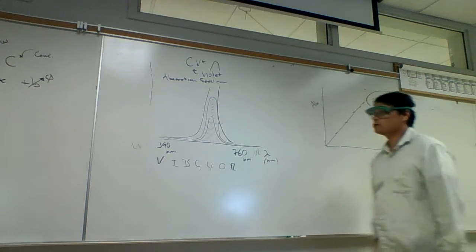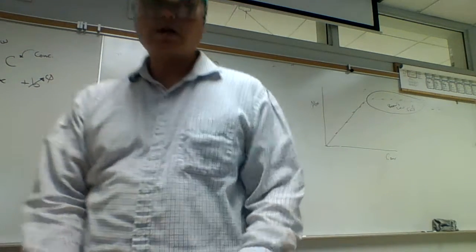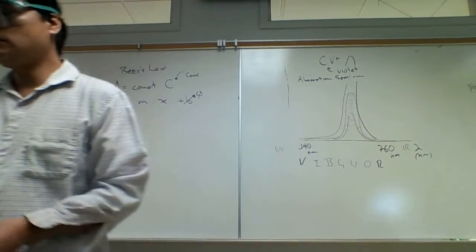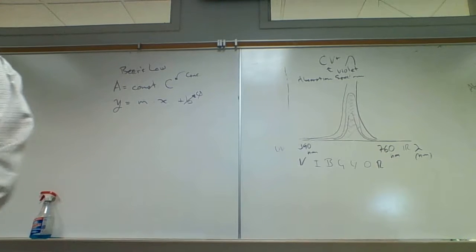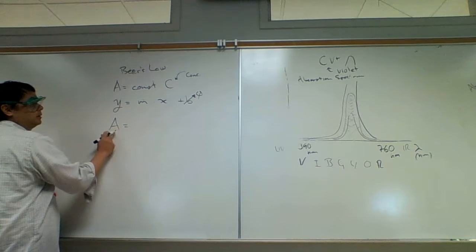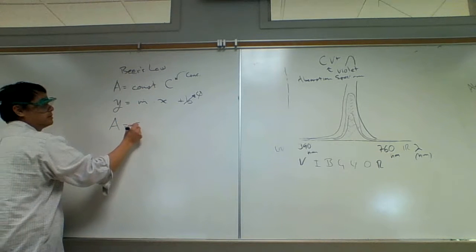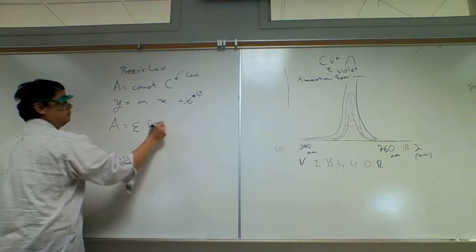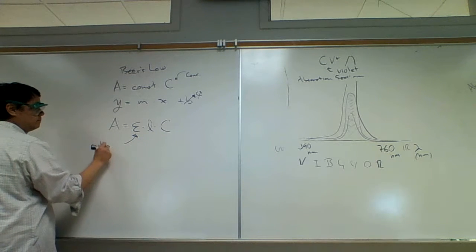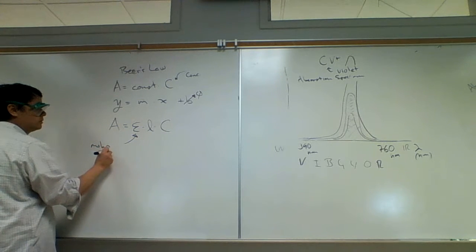Well, what is high concentration and what is low concentration? High and low concentration aren't a fixed number, because of this. When we look at Beer's law proper, what this constant consists of is something called epsilon and L. Epsilon is the molar absorptivity, or the extinction coefficient.